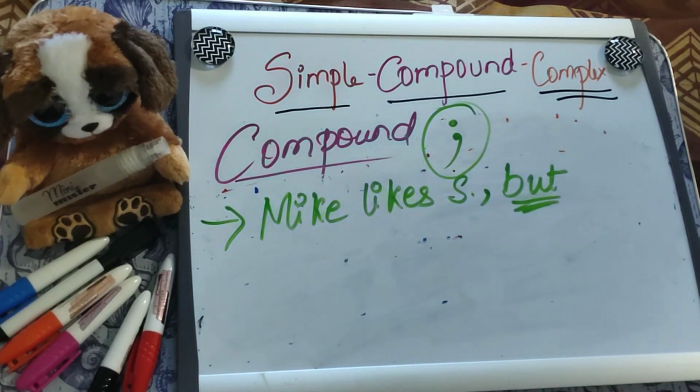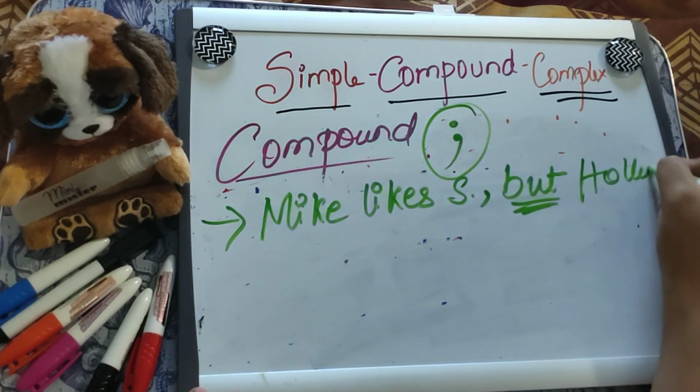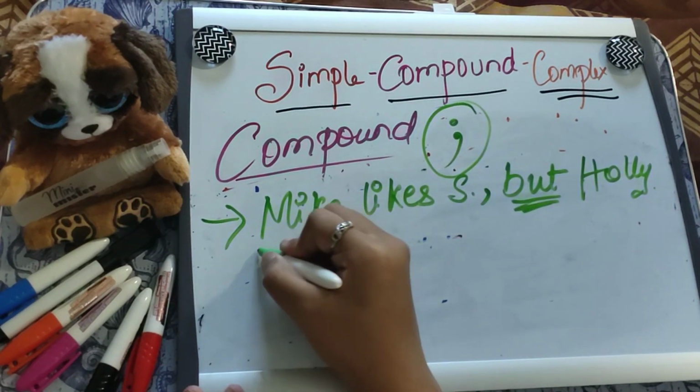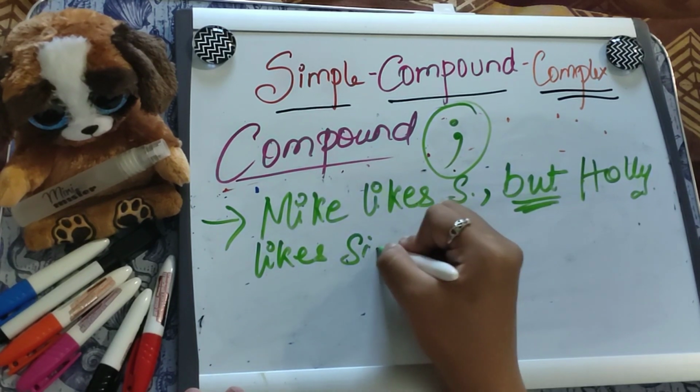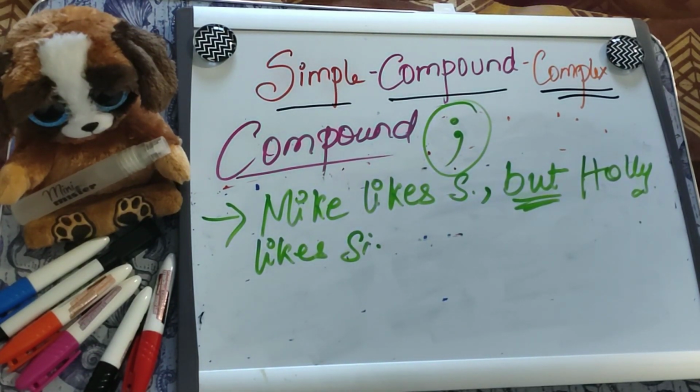So the B of the fanboys is here now. So Mike likes swimming, but Holly likes singing. You are showing a compound sentence by using a coordinating conjunction from fanboys. And this is a simple way of creating a compound sentence.